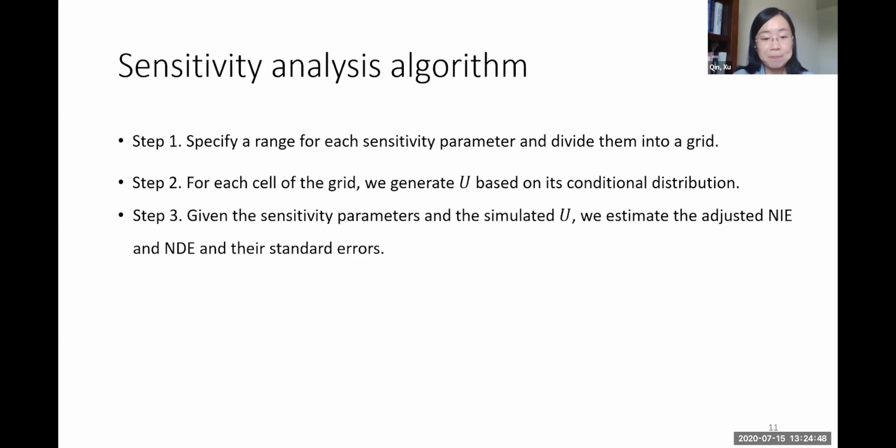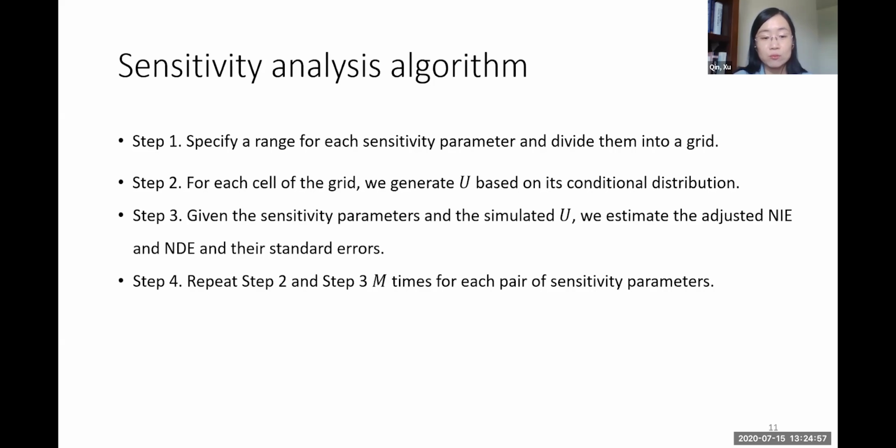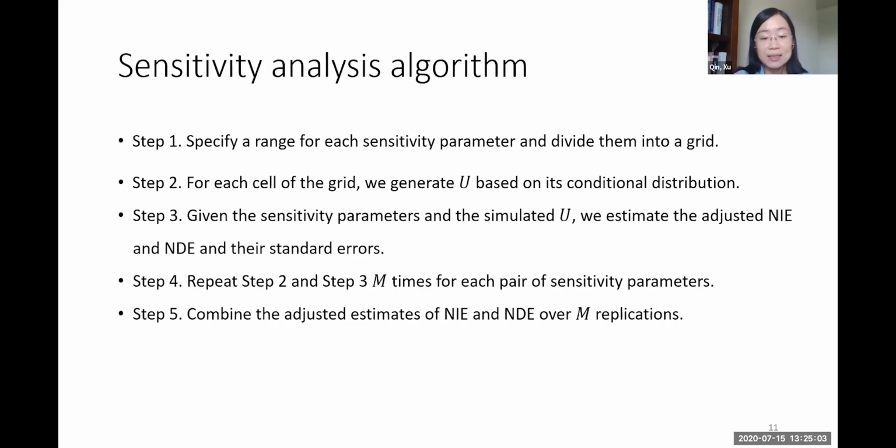The estimate obtained from this step is based on one random draw. Therefore, to obtain more accurate estimates, in step 4, we repeat step 2 and step 3 m times for each pair of sensitivity parameters. In step 5, we combine the adjusted estimates over m replications using Rubin's rule.